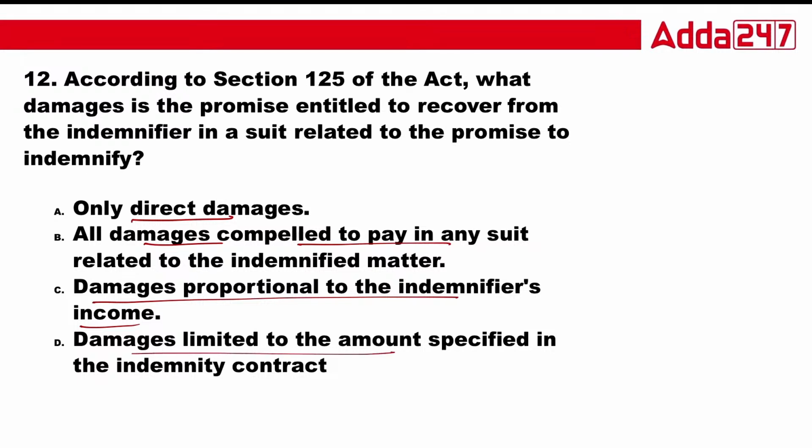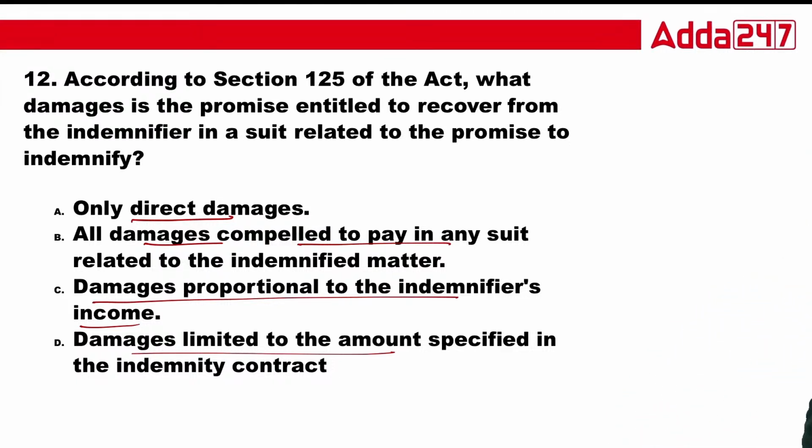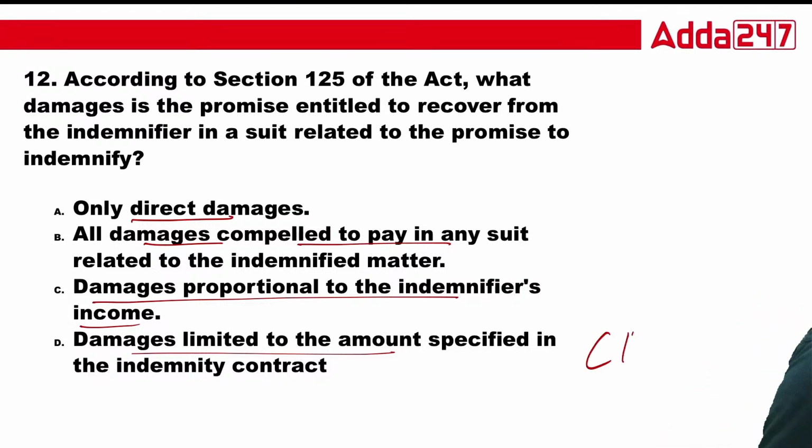What is the right answer? Tell me class. Section 125. A way to learn section 125 is CDS. Cost, damages, sum. So B is the right answer for this question.